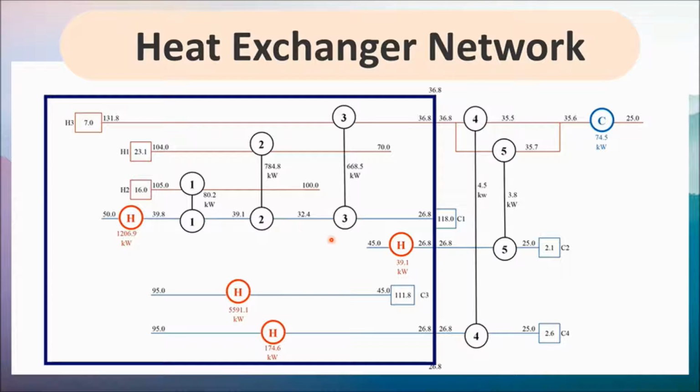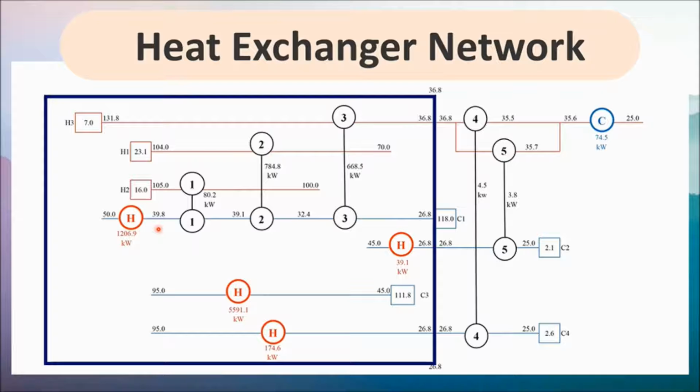C1 is a cold stream in the above pinch region. The temperature starts at the cold pinch temperature. It receives heat from the H1, H2, and H3 streams, and the temperature rises to 39.8, and this temperature is enough.